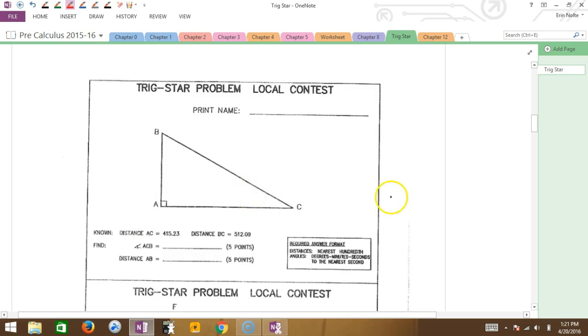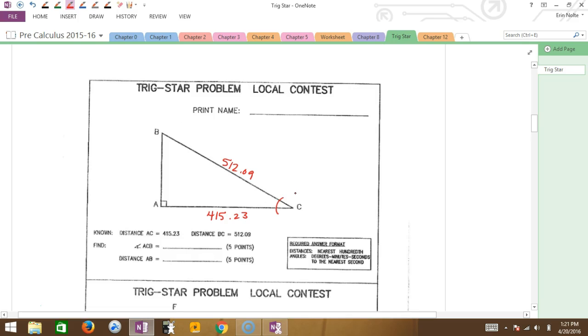They give you the length of A to C is 415.23, and then A to C is 512.09. They first ask us to find angle ACB, which is this angle right there.